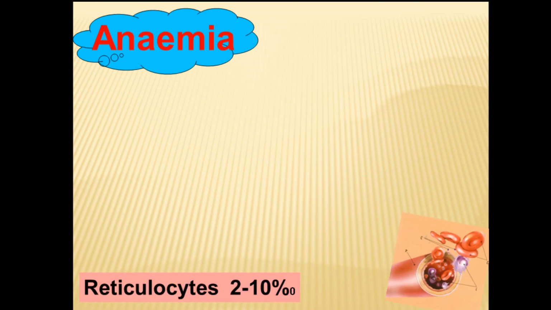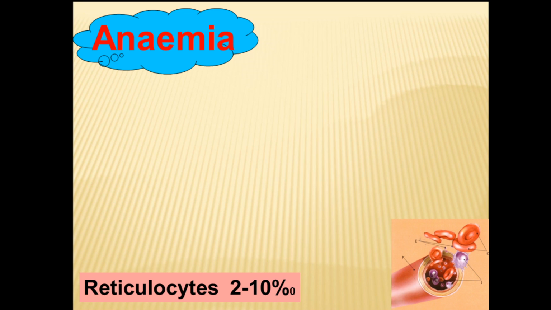Anemia may be classified depending on the activity of bone marrow, which is determined by the count of reticulocytes, which normally varies from 2 to 10 per mille.